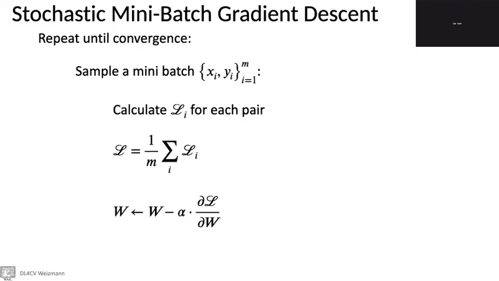And then instead of updating for only one example, we're going to differentiate the loss according to all of these data points. And possibly we're going to get a better approximation of the loss, and not only for one example. And the same, we're going to update the bias B.